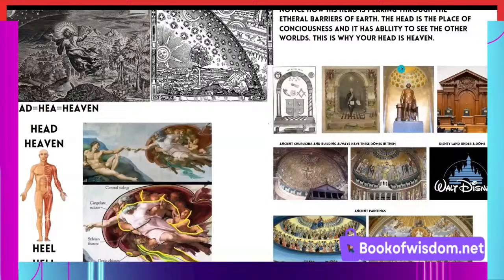These are the stars. This is Polaris projecting reality. Here are ancient churches with the dome. Polaris projecting reality with Jesus. Disney World is under the dome. The seven layers of heaven: if you go and look at the ancient paintings, they all depict the firmament, the arch above us.